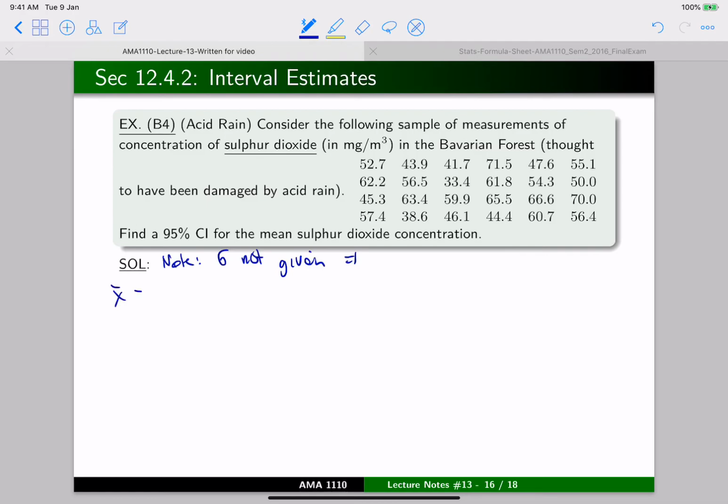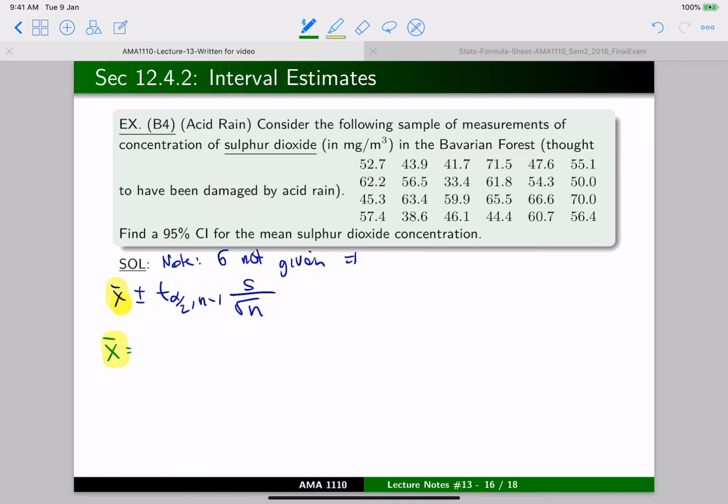So it's x bar plus or minus t alpha over 2, nu equal to n minus 1, times sample standard deviation divided by the square root of n. Okay, so what are all these figures? x bar is the sample mean.